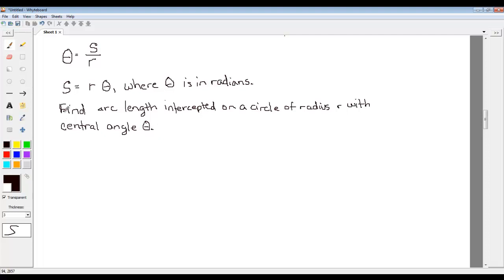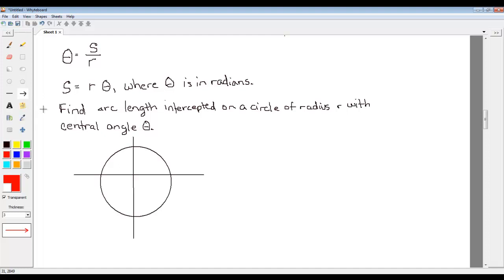Okay, let's say we have a situation where we have a circle. This is fun to draw. Forgive me, that doesn't look quite lined up in the center, but you get the idea.